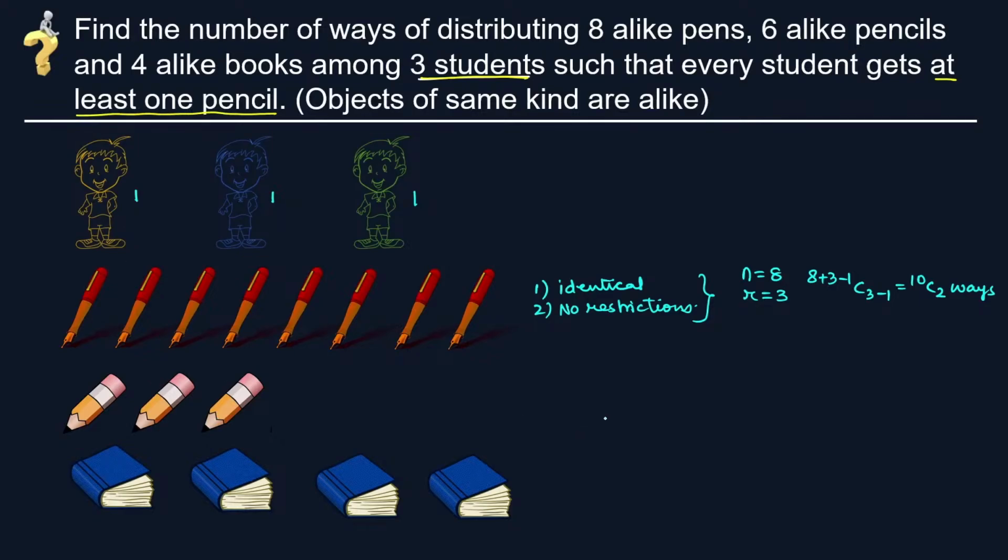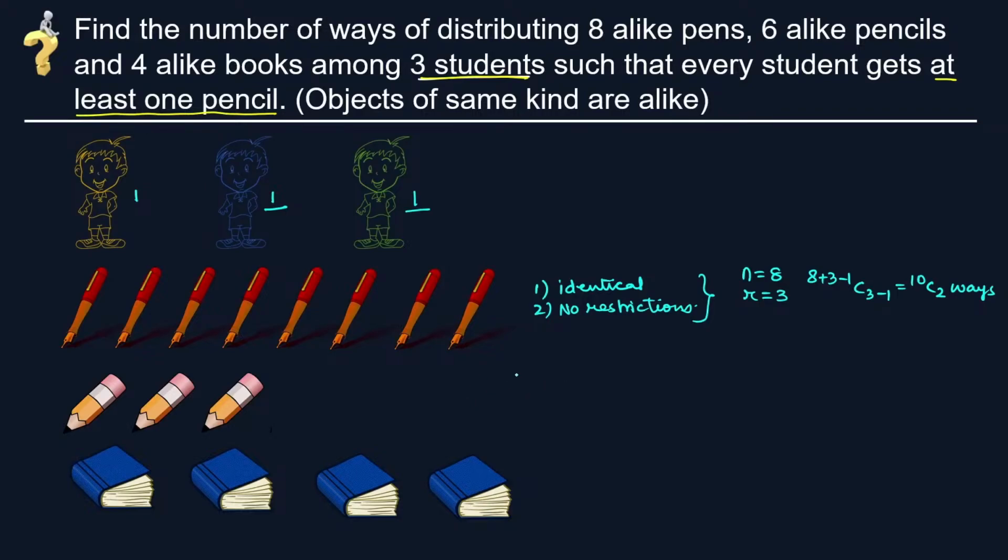It's okay, because it is fulfilling the condition given in the question that every student should get at least 1 pencil, since they are having 1 pencil each. So we are free to distribute these 3 pencils among these 3 students.